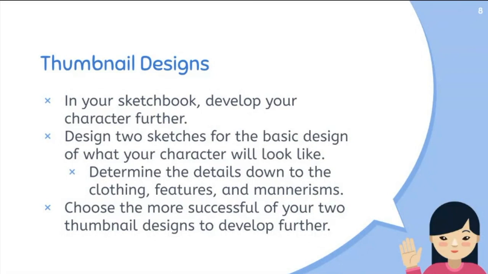So it doesn't necessarily have to be that you're drawing a person 12 times to come up with conceptual ideas, but knowing that someone might have a special necklace and coming up with a design for that necklace because there's superpowers in that necklace or something like that is really important. So in your thumbnail stage, kind of figuring out, going and branching off in all these different directions, you're going to come up with 2 thumbnails, which we'll talk a little about in depth when this becomes an assignment.